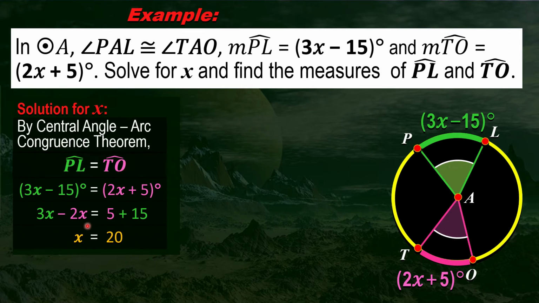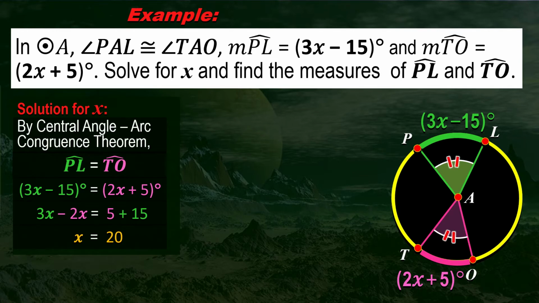Now, using addition property of equality, you are going to combine like terms. Yung like terms ay yung 3x at saka 2x. So, 3x minus 2x is equal to 5 plus 15. 3x minus 2x is equal to x and 5 plus 15 is equal to 20.